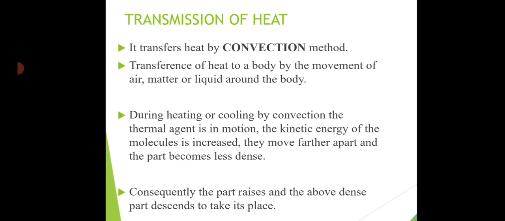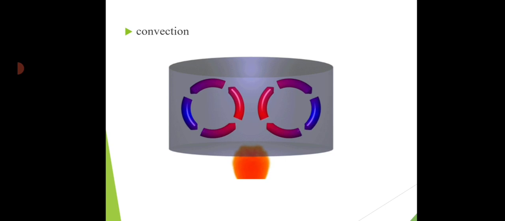So basically they move further apart and the part becomes less dense. And this is how convection looks. There is a unit where the heat is supplied and there is circulatory movement of the particles poured inside the container, so there is rotation of the particles inside the container along with hot air.